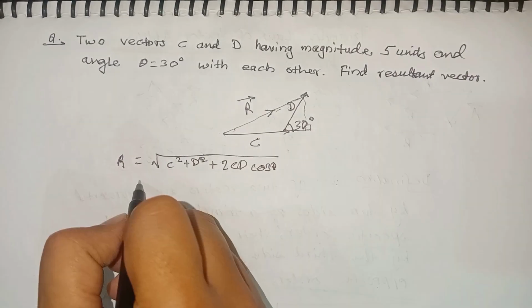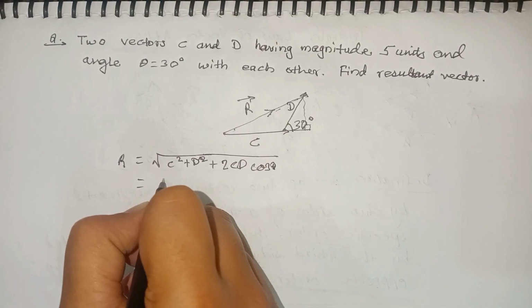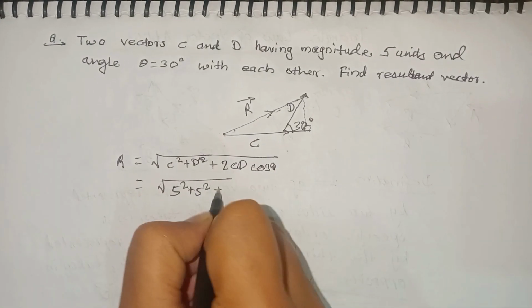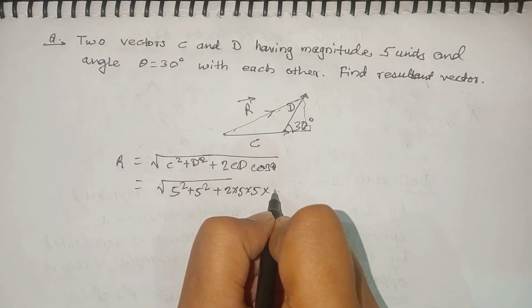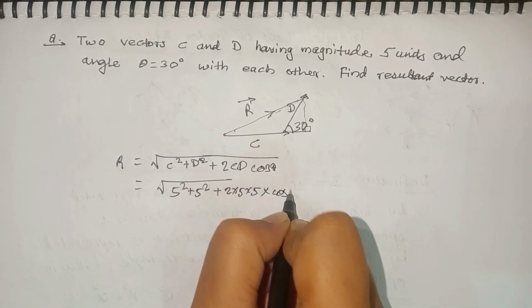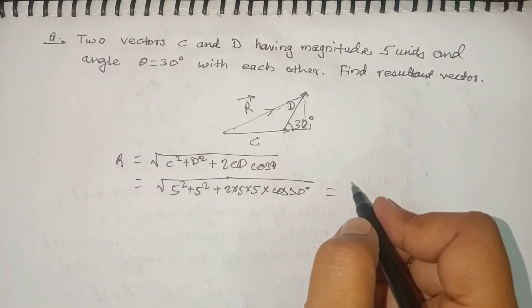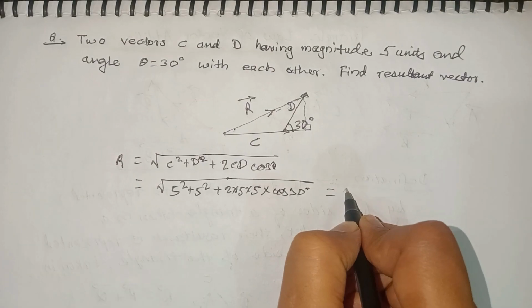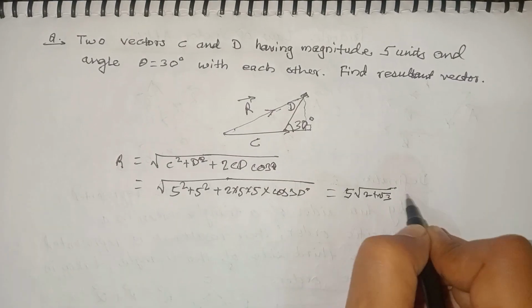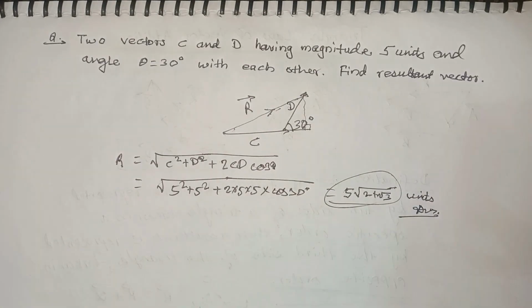Putting in the values, 5 square plus 2 into 5 into 5 cos 30 degrees, the answer will come to 5 root of 2 plus root 3 units. This is the mathematics part, you can solve it by yourself.